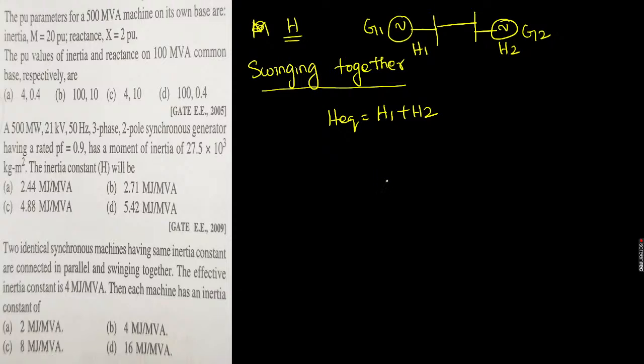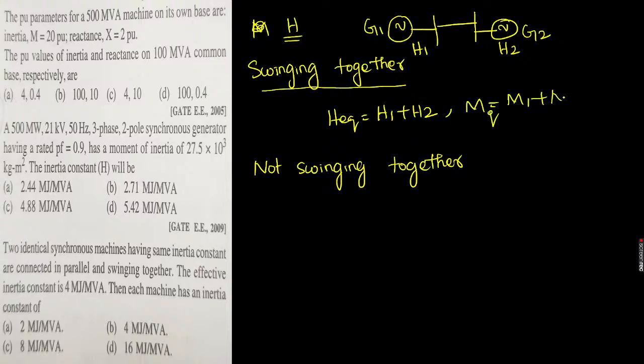Suppose they are not swinging together, then you must go with the parallel combination. In this case you can directly obtain, even the moment of inertia also will become what?